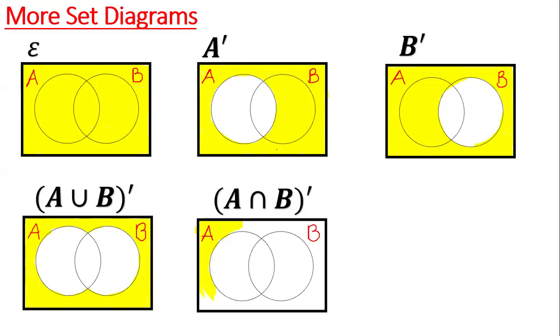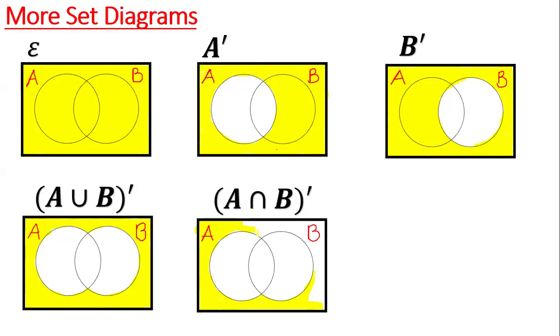Do we include the intersect? Can we include this side?